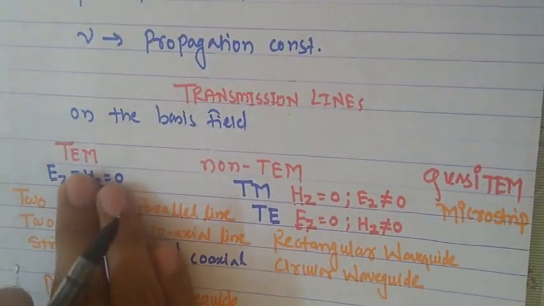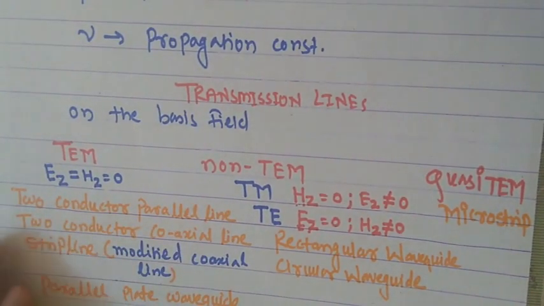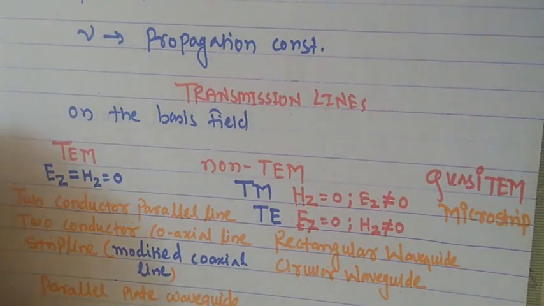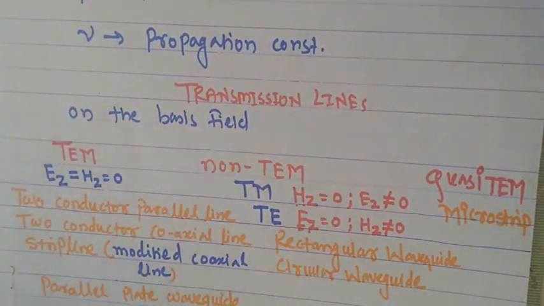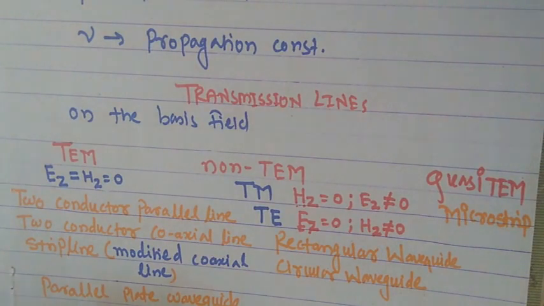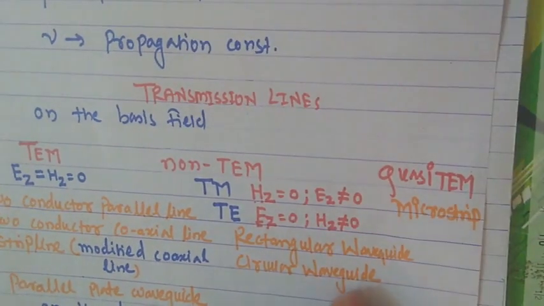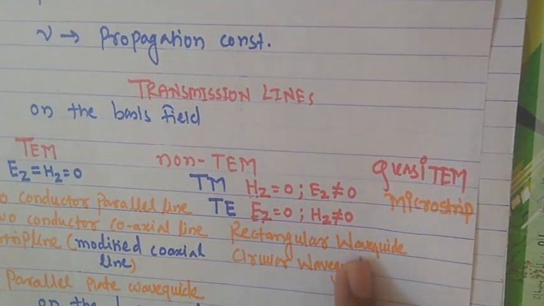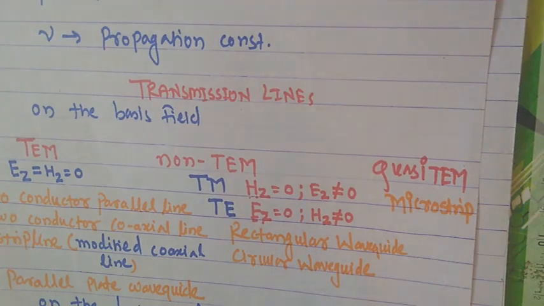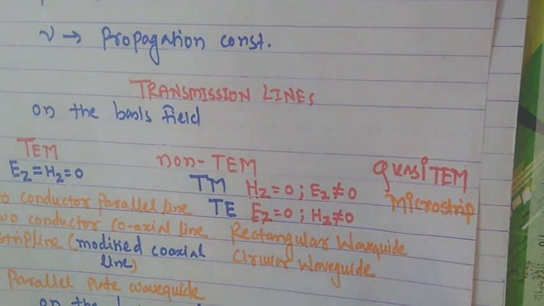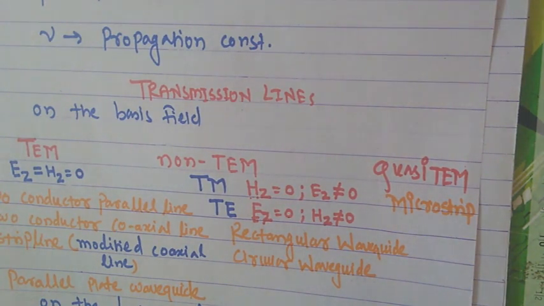In case of TEM, we have two conductor parallel and two conductor coaxial lines, which are guiding electromagnetic energy, but we generally don't call them waveguides, because waveguide is a reserved word for hollow metallic structures. Anyway, a waveguide is a type of transmission line, but whenever you say waveguide, it is generally used for a hollow metallic structure.